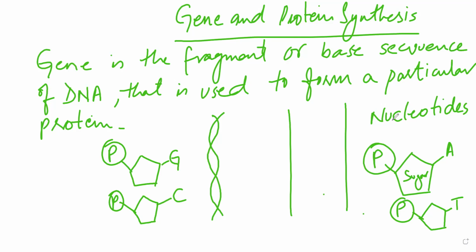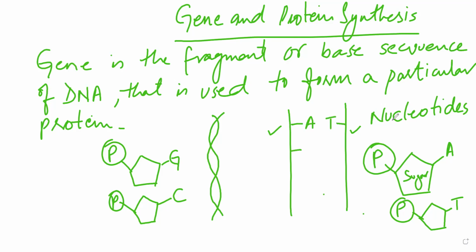And you know that they are complementary to one another as well. These two lines that I have made to make the two strands of the DNA, these backbones are made by sugar and phosphate, and the nitrogenous bases, A and T and G and C, are hanging in between these two strands and making bonds between them.